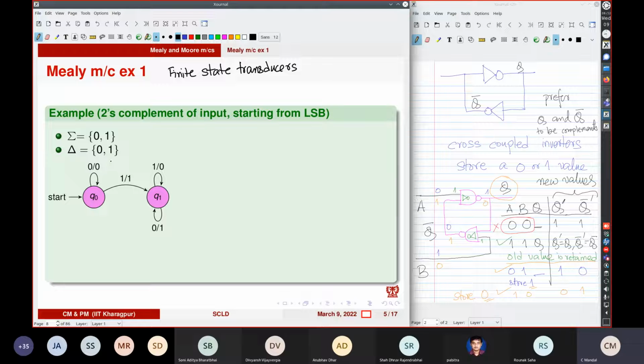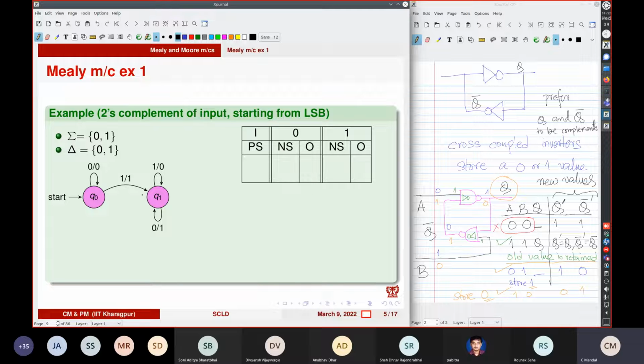In response to some input, it produces some output, and that is conditioned according to the state in which it is. All right. So this is your logical machine, and this can also be represented in a tabular form. The present state may be either Q0 or Q1.